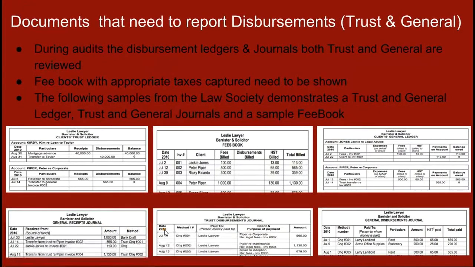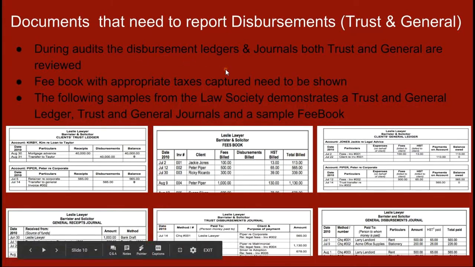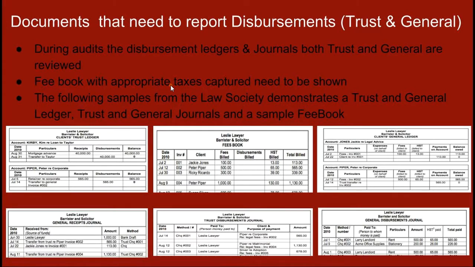And we're going to look at this in a short while, in the last 10 minutes of the presentation, about the different types of journals, ledgers, and expense books that are required. But a quick snapshot of the type of documents that are required by law societies and that you are responsible for presenting, both for trust and general accounts, are the disbursement ledgers and journals, the fee book with appropriate taxes, and the trust and general ledgers with the general journals in terms of all the transactions over a certain date range.